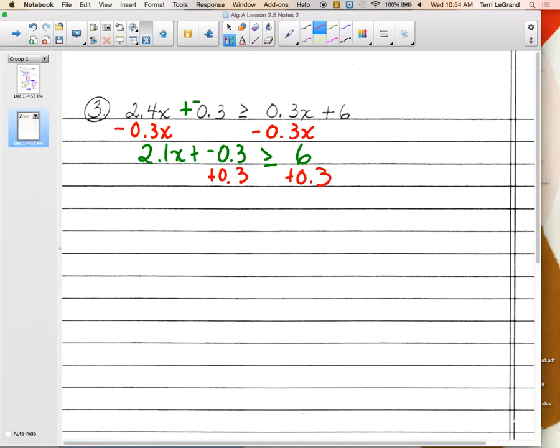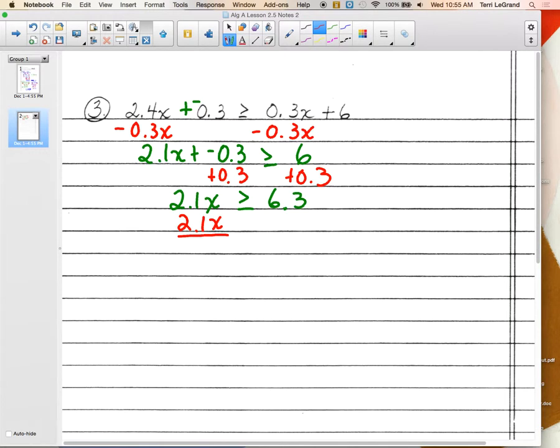So now the left side is 2 and 1/10 x is greater than or equal to what? 6.3. Now, so far we really should not have needed to use our calculator at all. And I really am feeling like I want to say to you, you shouldn't need it even for the next step. But you might disagree with me.